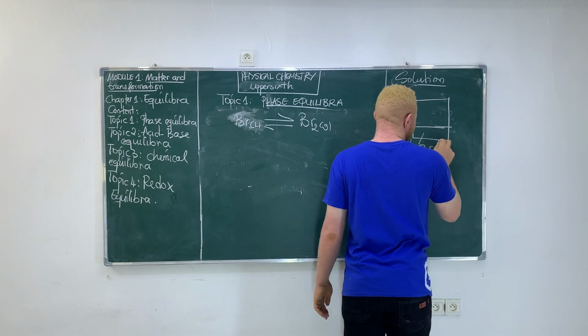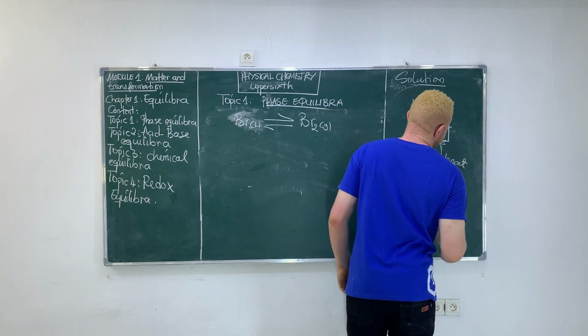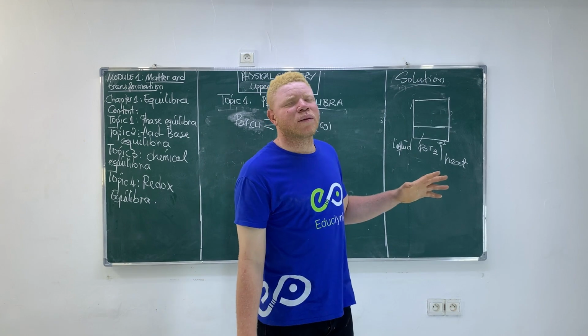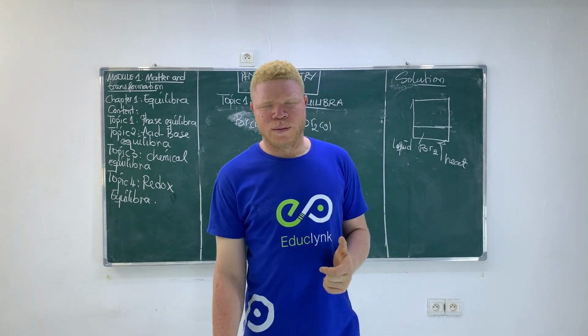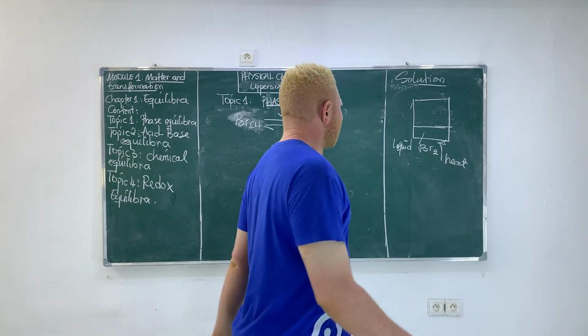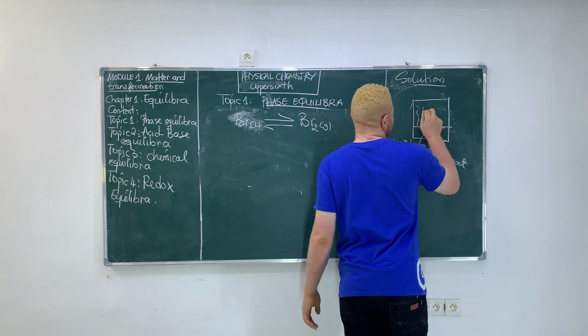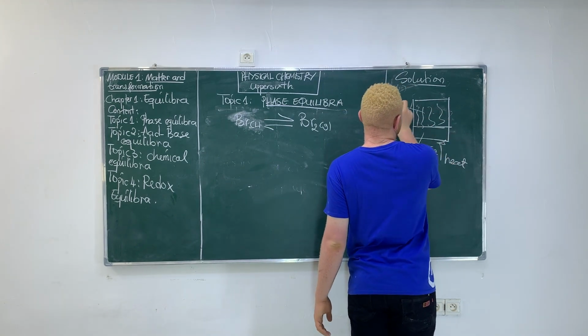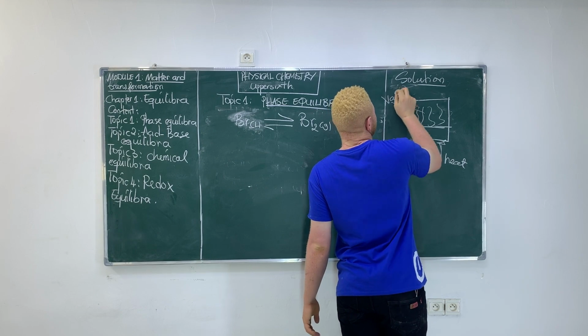This is a system where liquid and gas attain equilibrium. If you heat the liquid bromine, the liquid bromine changes to vapor. Here we have bromine vapor.